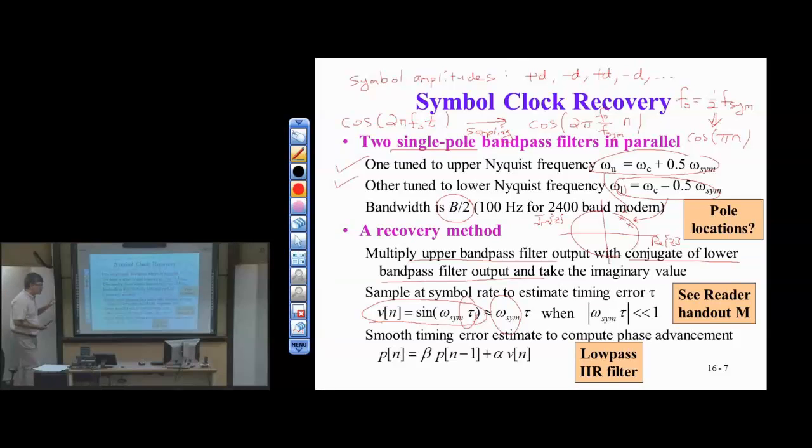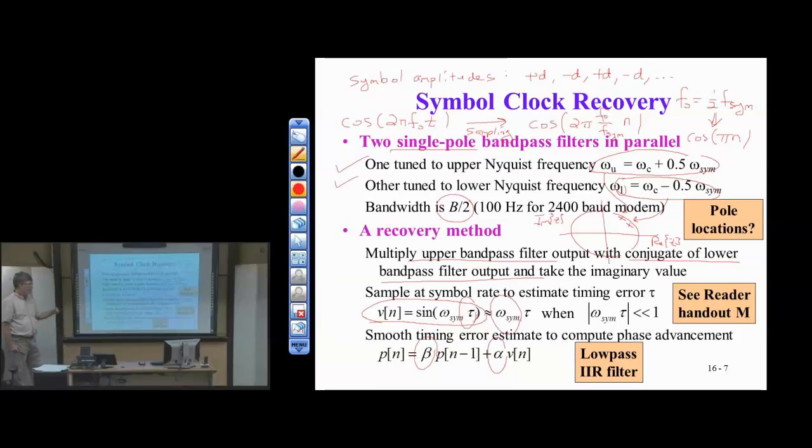Now, these estimates are prone to error, susceptible to noise. So we're going to apply a filter to smooth that out, a first order filter, very similar to the energy detection case. I'm going to have a weighted sum of the previous estimate of the symbol error and the current estimate of the symbol error.